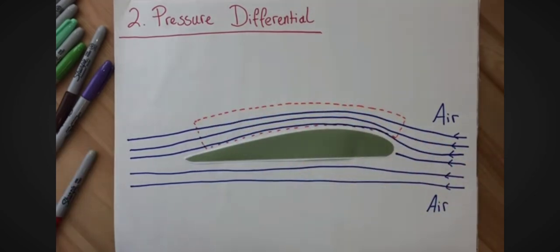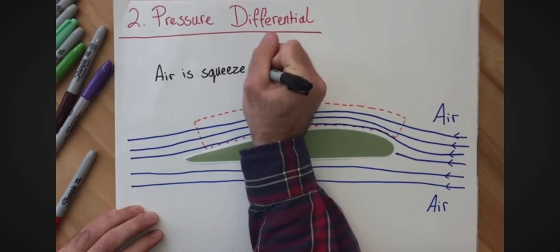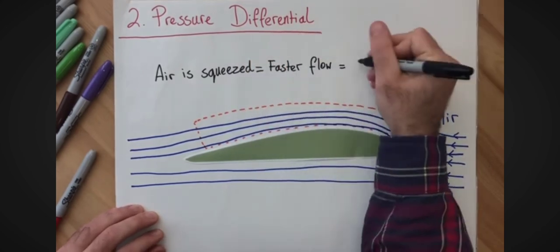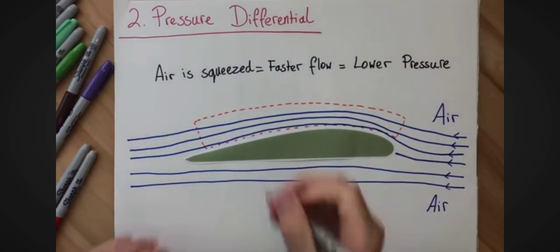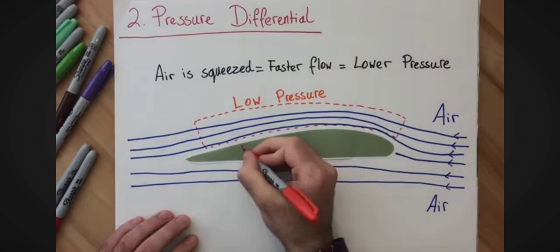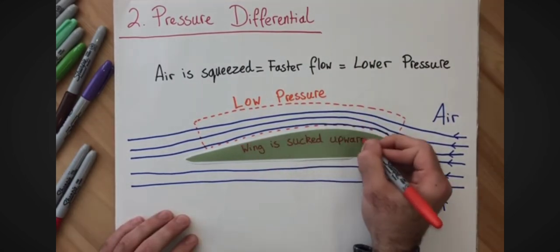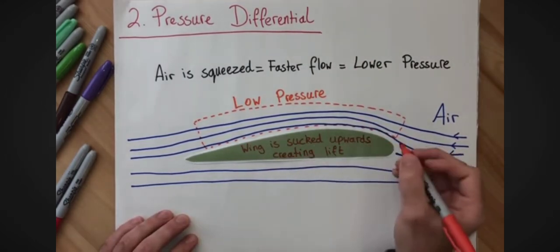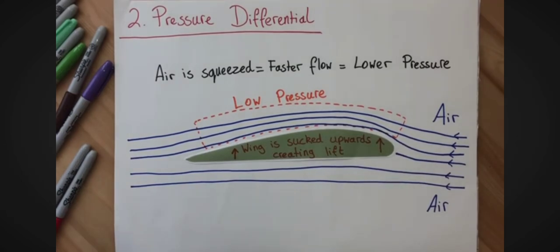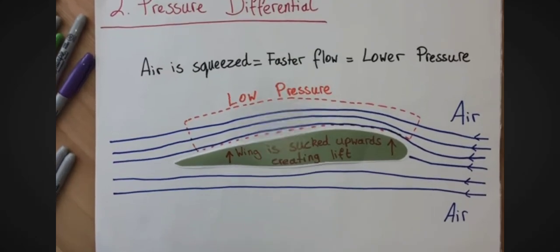Well, the curved surface at the top will compress or squeeze the flow lines of air above it, and due to the conservation of mass, this will cause the air to flow faster. We know that faster moving air exerts less pressure. This can be explained by using a hairdryer and balloon. When the hairdryer is switched on, the balloon stays afloat above it.